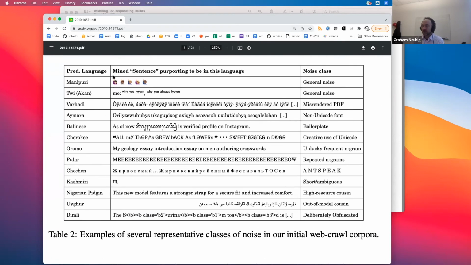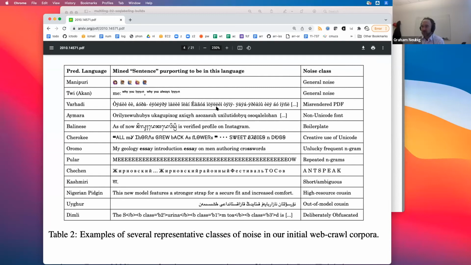Here are some mined sentences from the web that were supposedly in one language, according to Google's language identification model. A whole bunch of people raising their hands in emojis got classified as Manipuri. This was in Twi, written in strange characters.